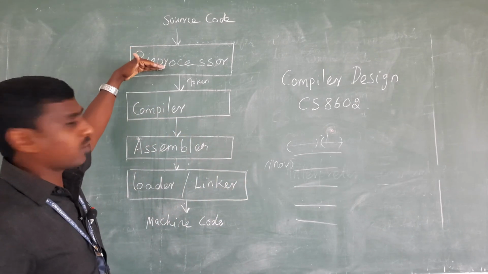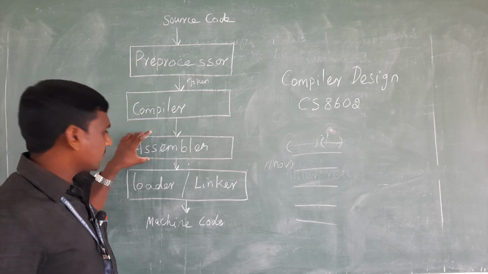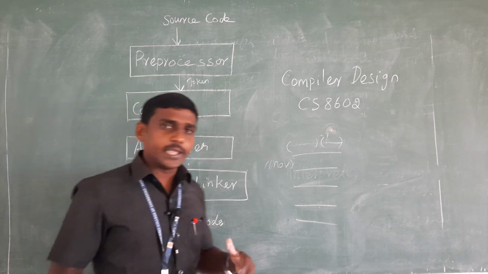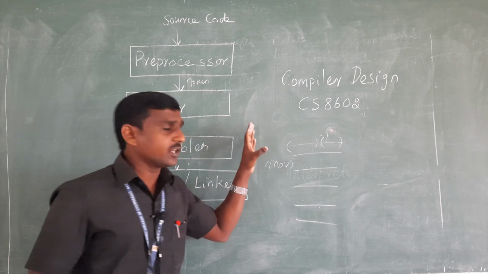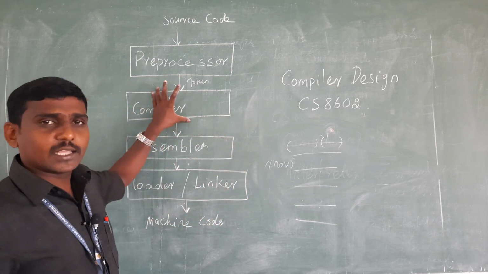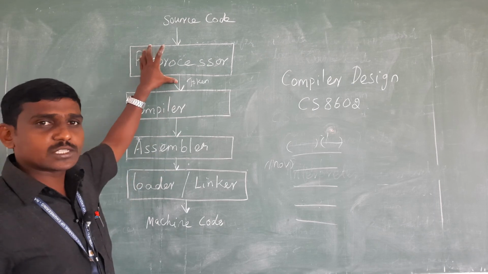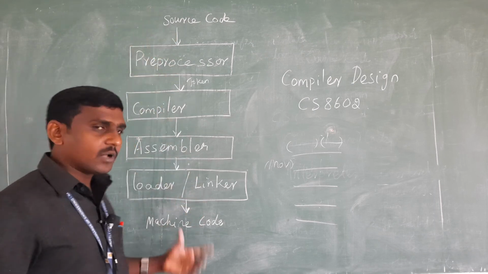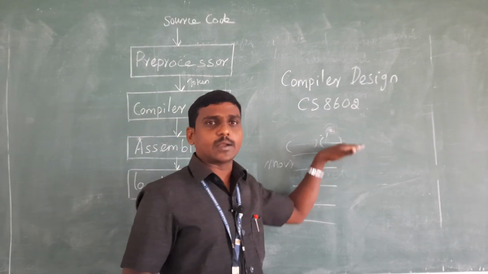they will ask separate questions on the preprocessor, or the 2 marks questions: what is a compiler, what is an assembler, what is the duty of the loader and linker, etc. Once again, in this chapter you should know what is a compiler, assembler, loader and linker, preprocessor, what is source program or source code, what is machine program or machine code, and the difference between interpreter and compiler.